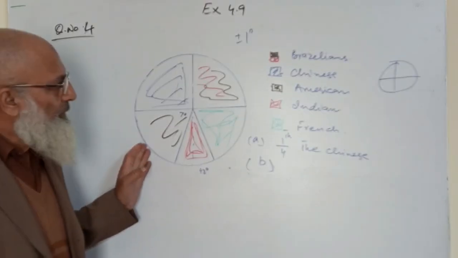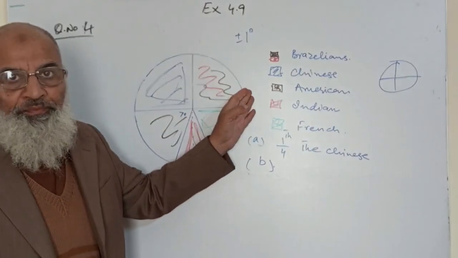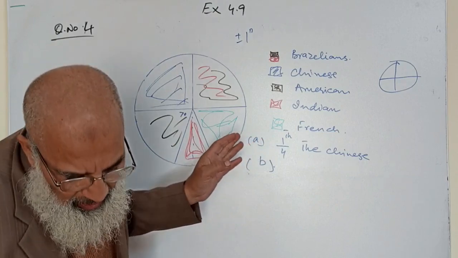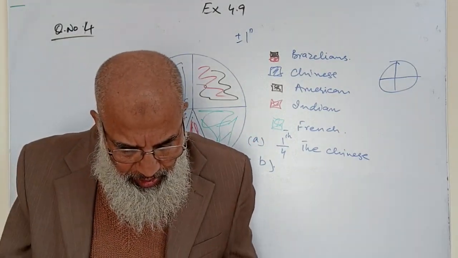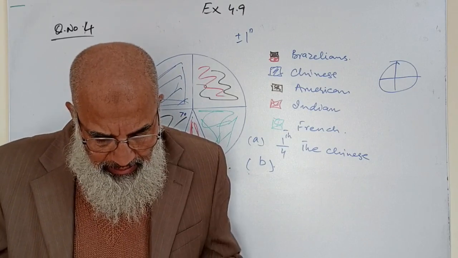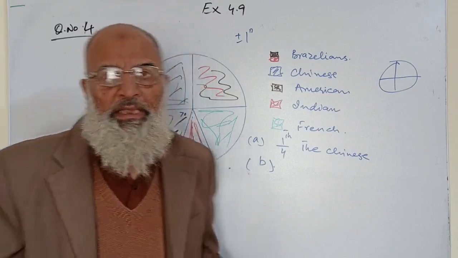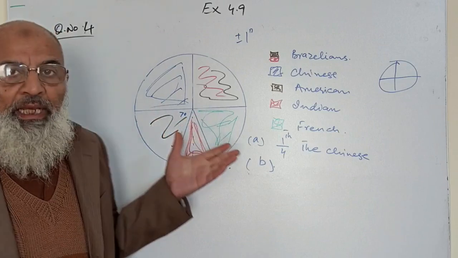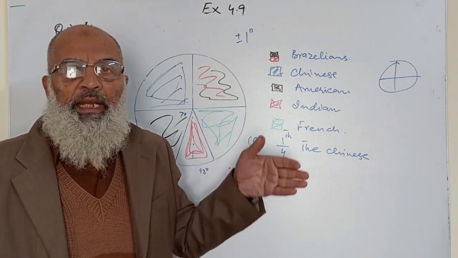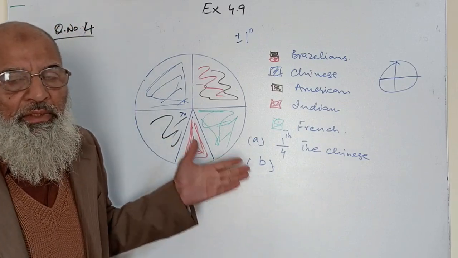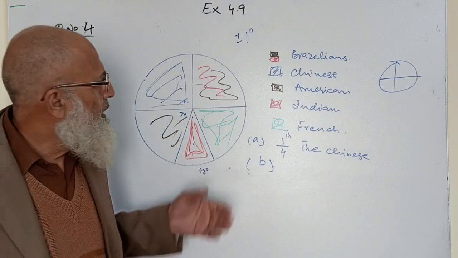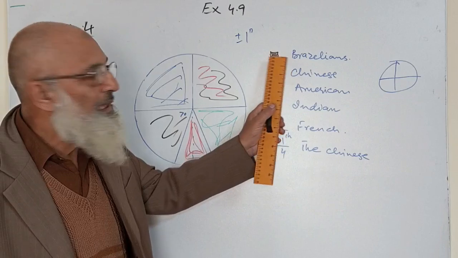A pie chart is given to you with this key, and the question is: the nationalities of students in an international school are shown on the pie chart. Now there is an international school, and the nationalities of the students are given in this pie chart. For example, Brazilians.